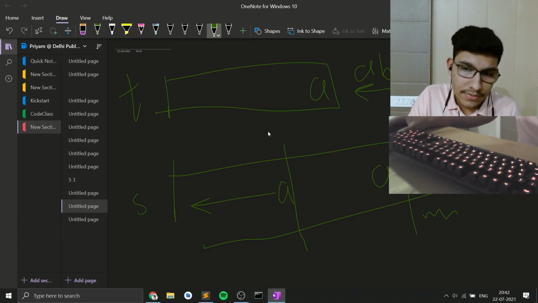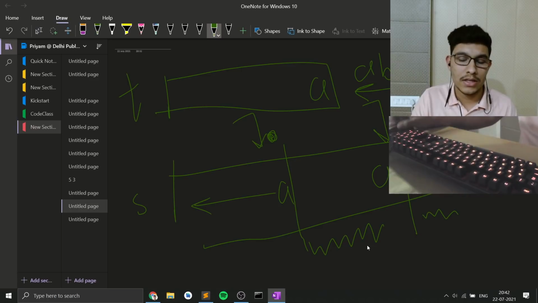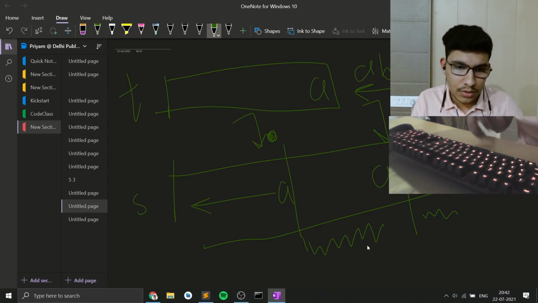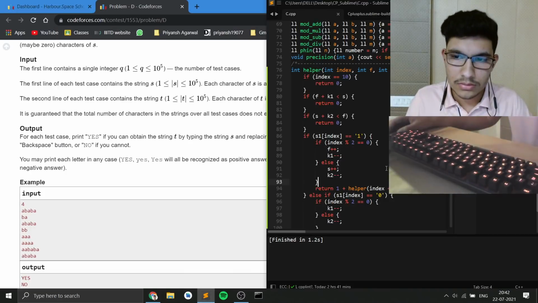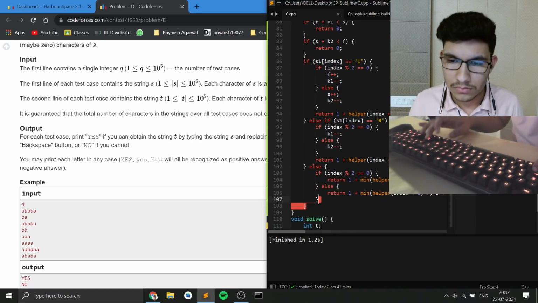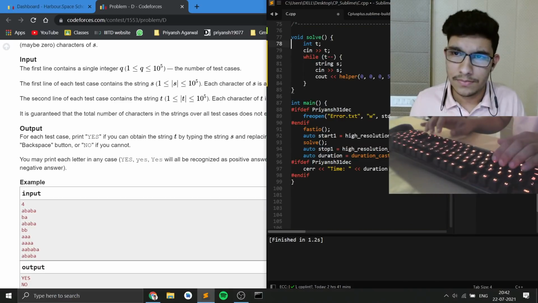If I find this A at an odd position and this is also at an odd position, that means I can remove an even number of elements in between. So ideally, if I just go greedy from the back to the front, this should work. And I just have to remove an even number of characters.